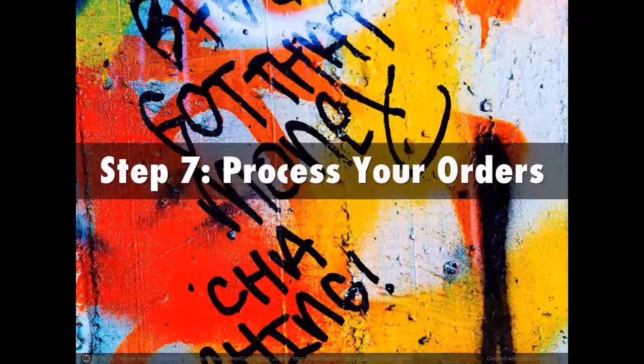So the more opportunity that people can buy from you, I mean, it makes sense, right? The more chance that you can make money. And so this pretty much is going to be inevitable at this point. You're going to process your orders and start making sure that customers are getting what they need. Now, by the way, a lot of this can be automated, which I'll go into here in a little bit.